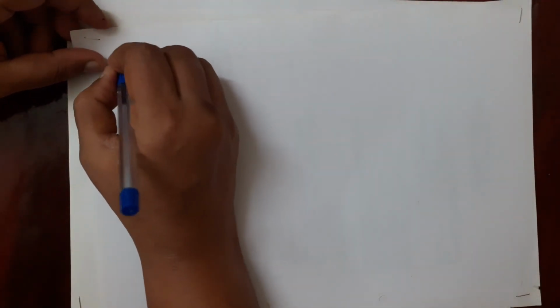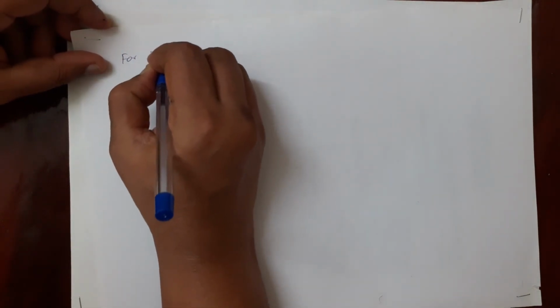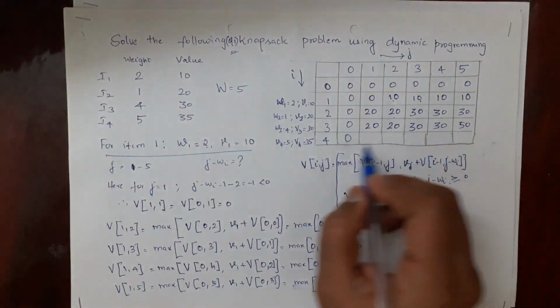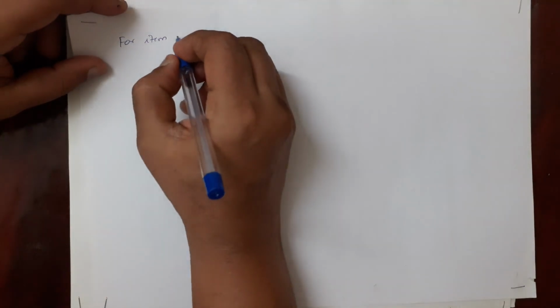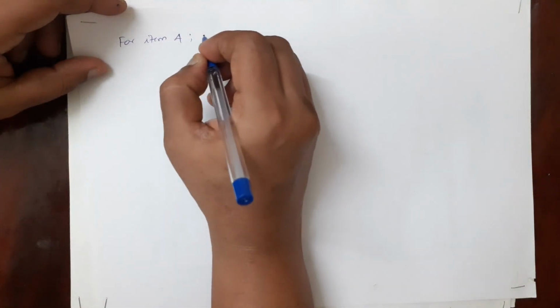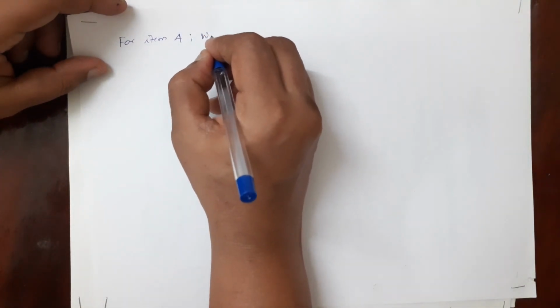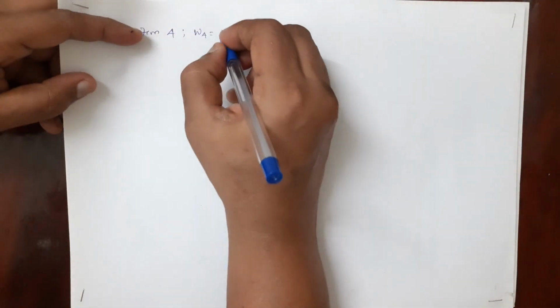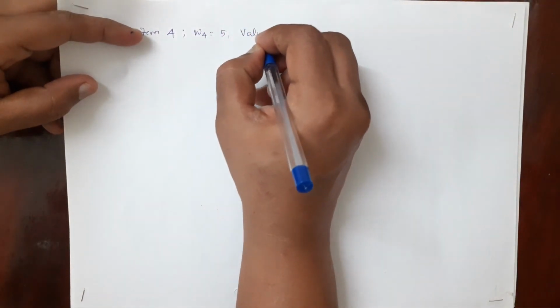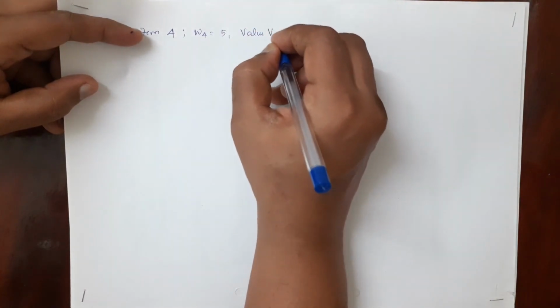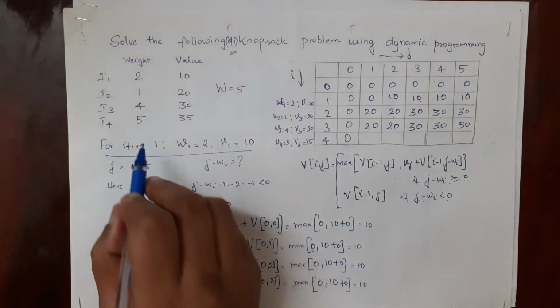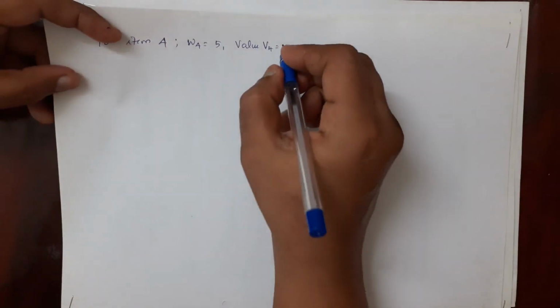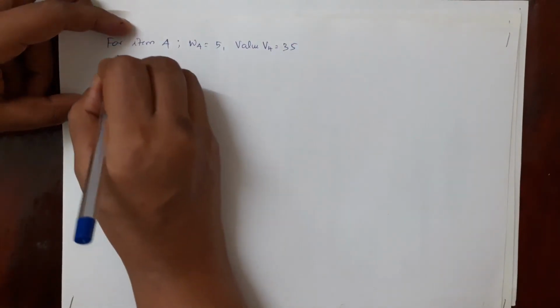Next we will calculate for item 4. Up to item 3 we have computed. The weight of item 4 is 5, and the value v4 is 35.